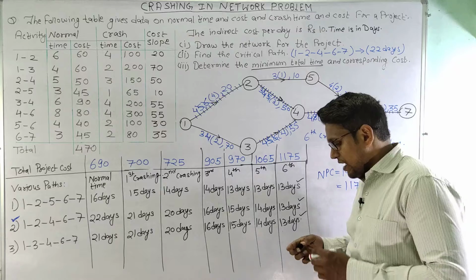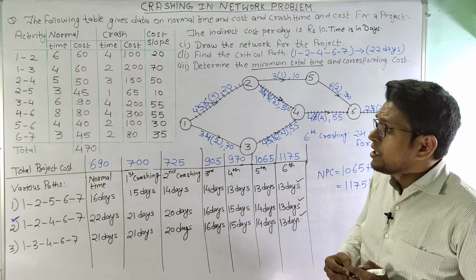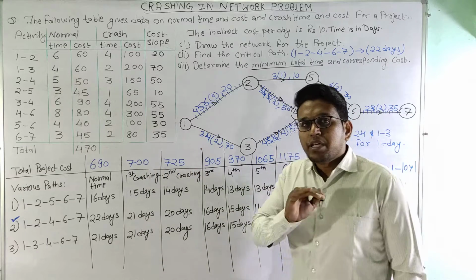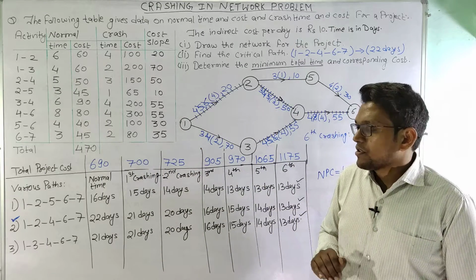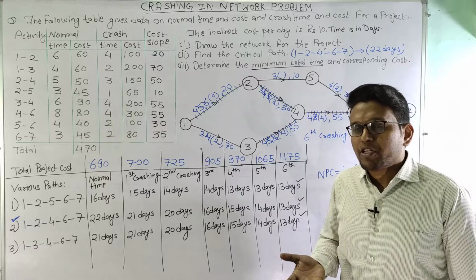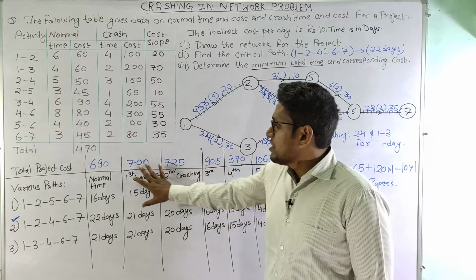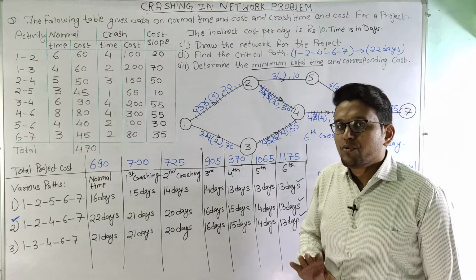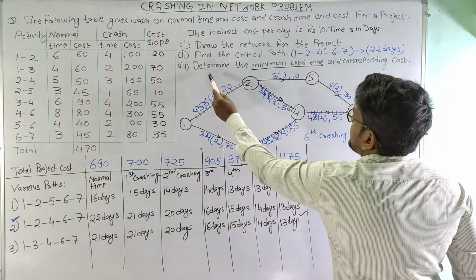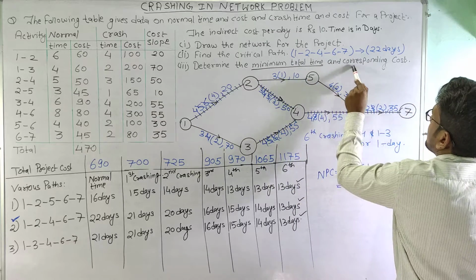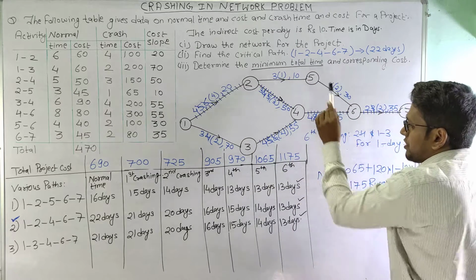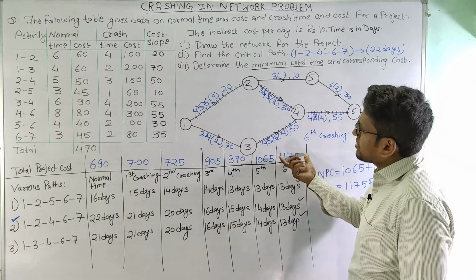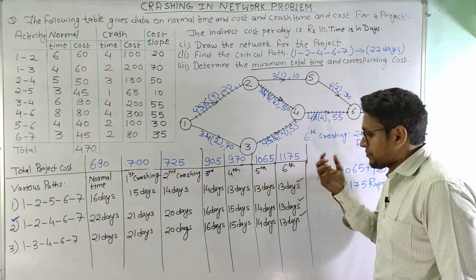If it has asked for the optimum schedule, then we need to see at which point of time we are getting the minimum total project cost. We will see among these crashings which has the minimum total cost. That will be our solution. But in this question, it has been asked for minimum total time and corresponding cost only. So we will show that the minimum time here is 13 and the corresponding project cost is 1175 rupees.